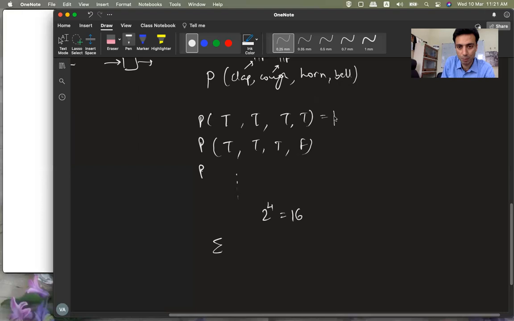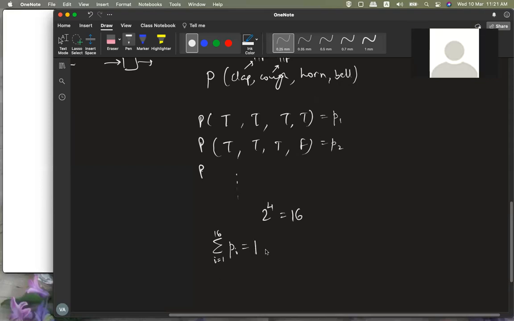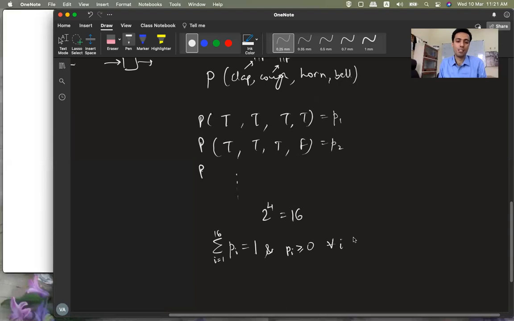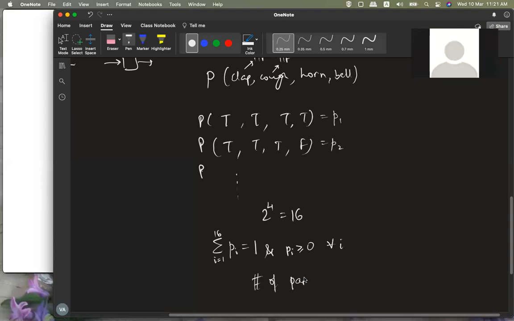Let us say I call this P1, this P2. Then the summation over all Pi will be equal to 1, and Pi is greater than or equal to 0 for all i. So this is the constraint which reduces one parameter. So the total number of parameters is 15.